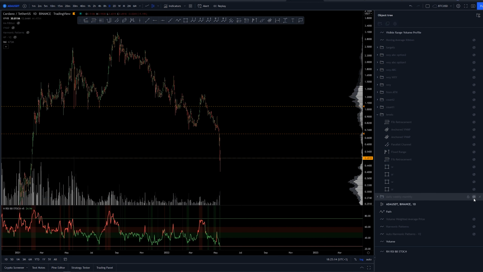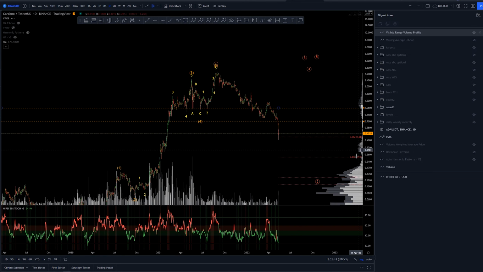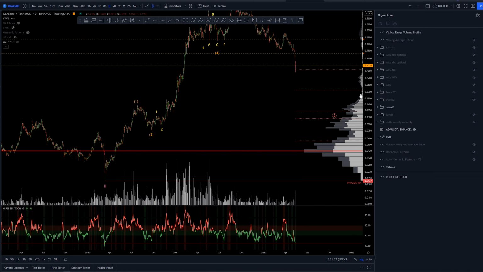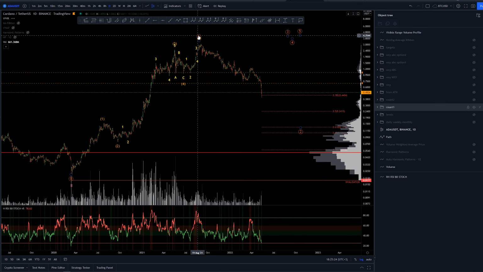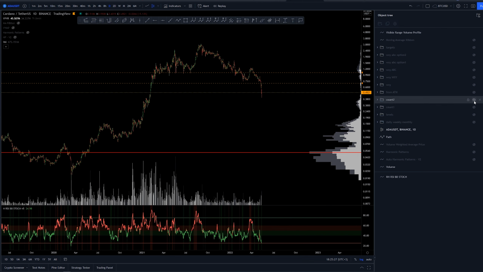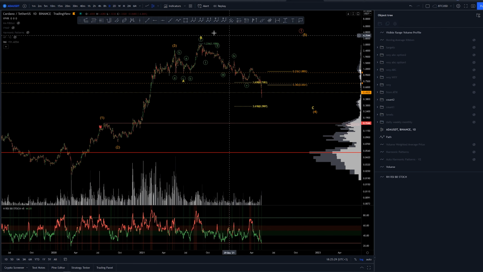Now let's get into some Elliott Wave stuff. We got a couple of different counts again. One is saying again that we have primary one up here, and one is saying that we are currently making the wave 4.